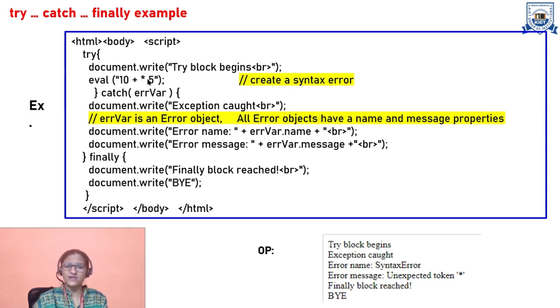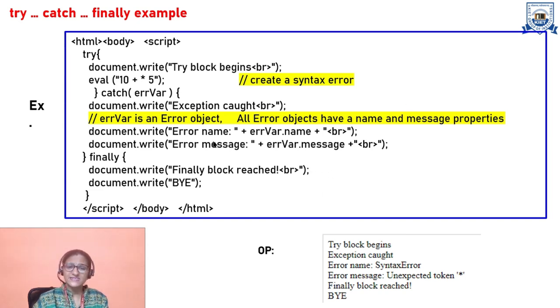Means it is not allowed here. This operator is not allowed when there is already one operator. So finally, the output will give the name of the exception and the message it has given will be displayed.